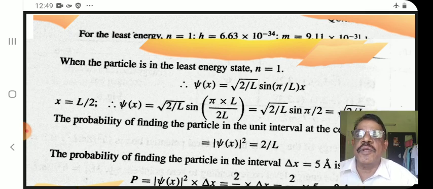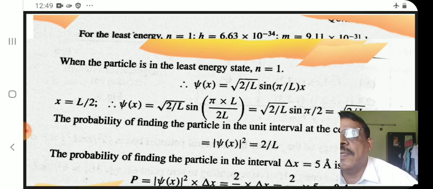So the wave function becomes root of 2 by L sin n pi x by L, that can be written as sin pi by L into x, since n is 1. For the ground state n is 1. So psi x is equal to root of 2 by L sin 1 pi x by L.